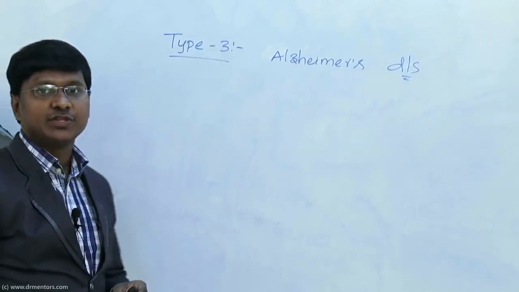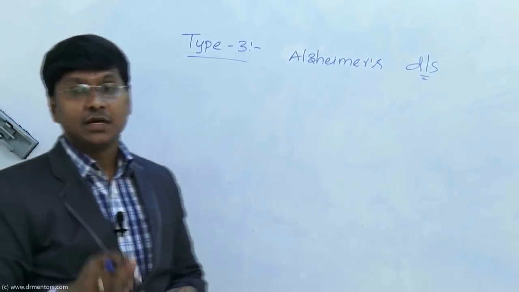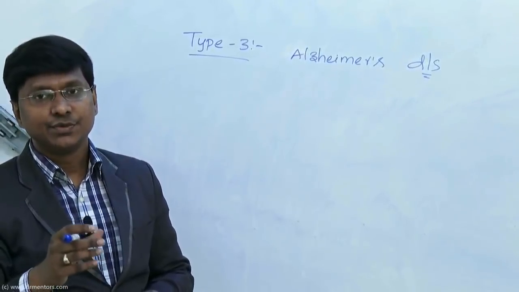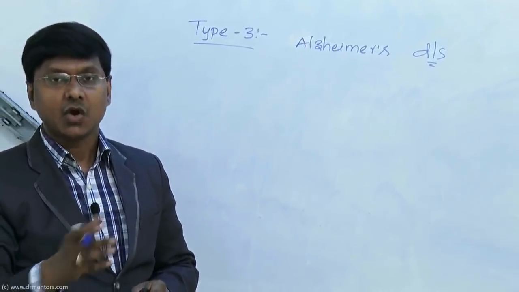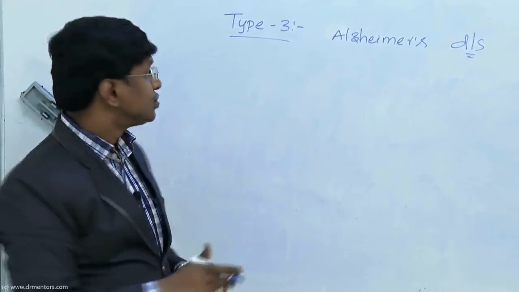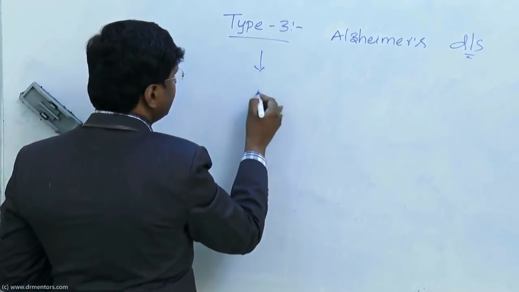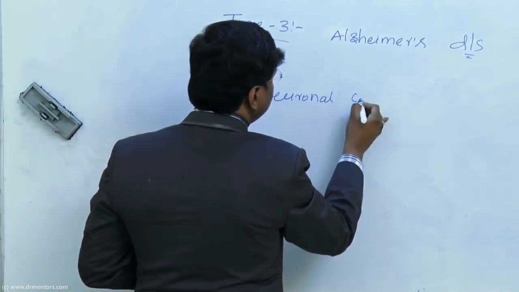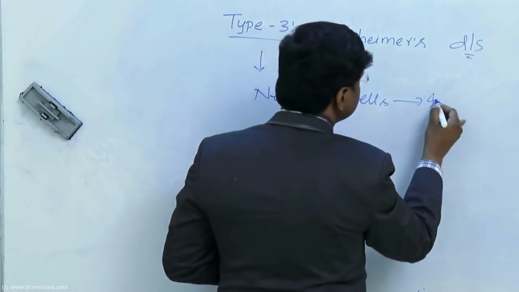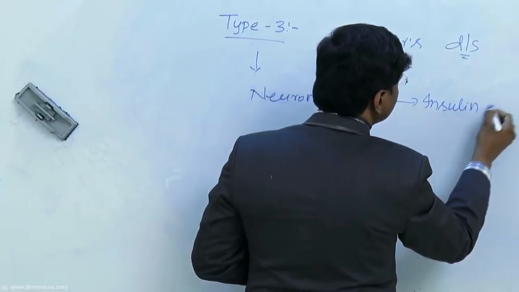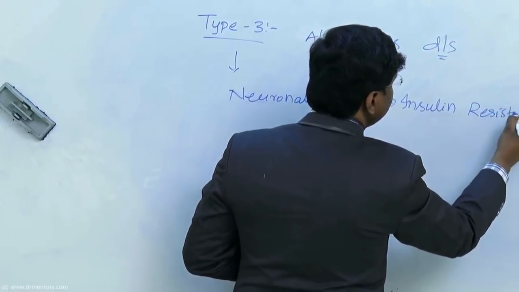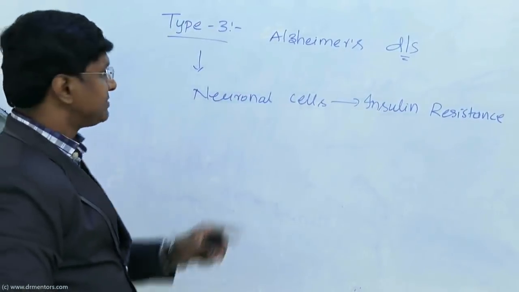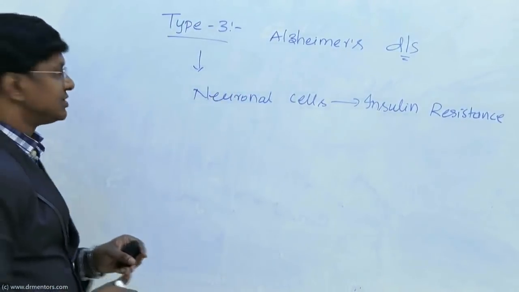So in these patients with Alzheimer's disease, the neuronal cells are unable to respond to insulin. So here in type 3, the neuronal cells will have insulin resistance. That is what is called type 3 diabetes mellitus, which is seen in Alzheimer's disease.